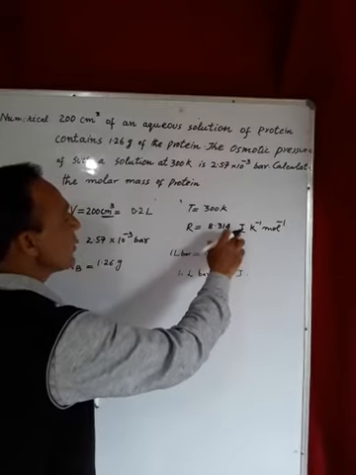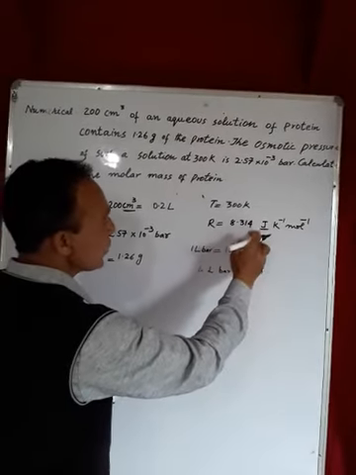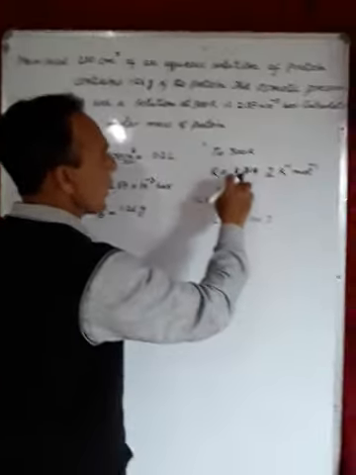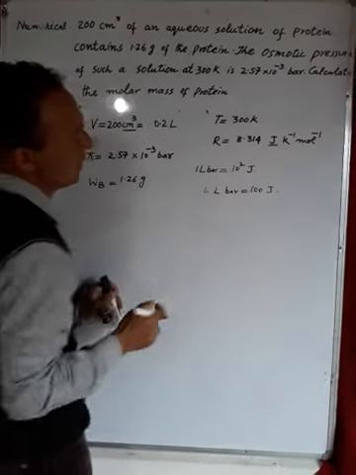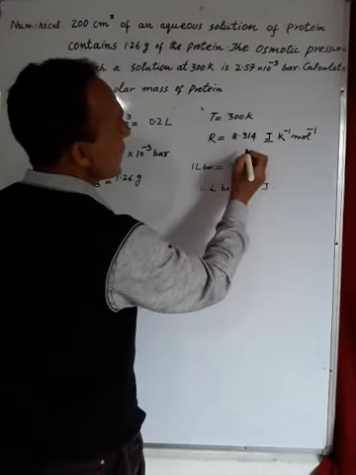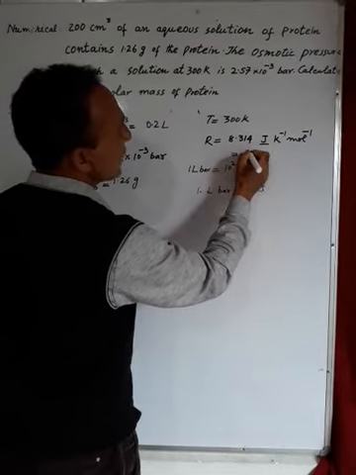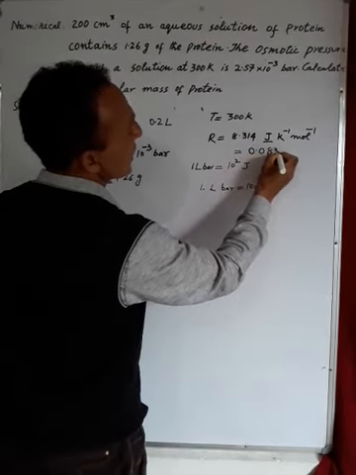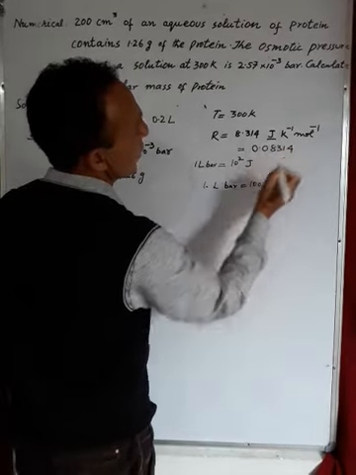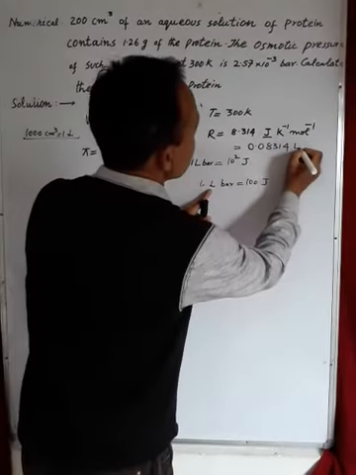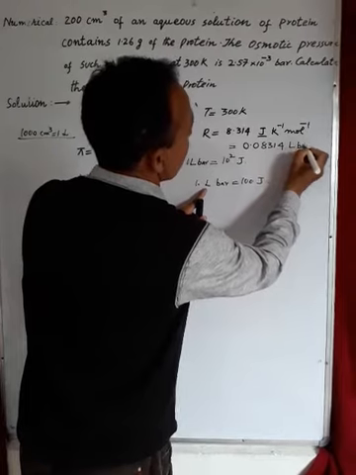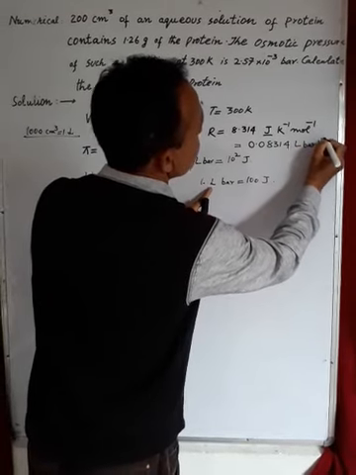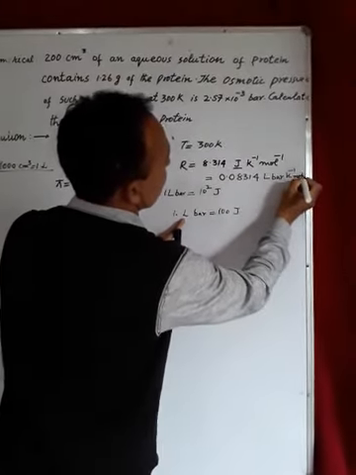So in order to convert into liter bar, we have to divide by 100. When we divide it by 100, its value will be 0.08314 liter bar per Kelvin per mole.